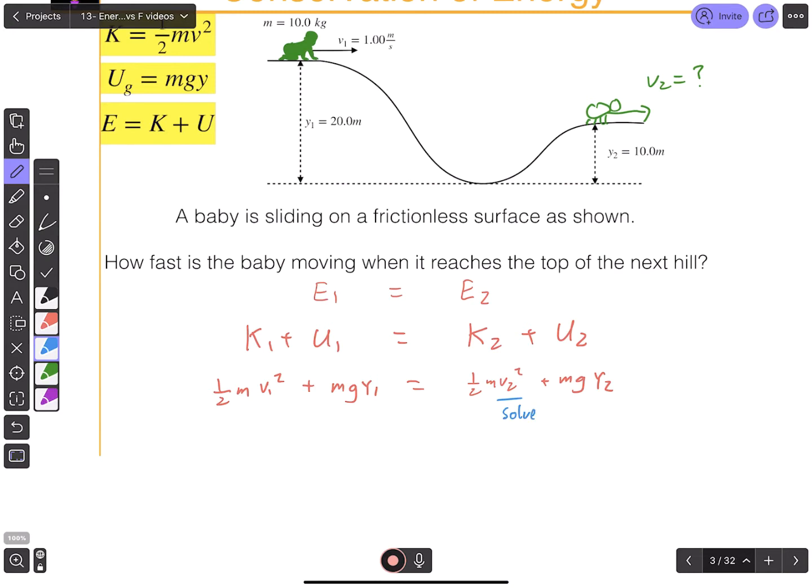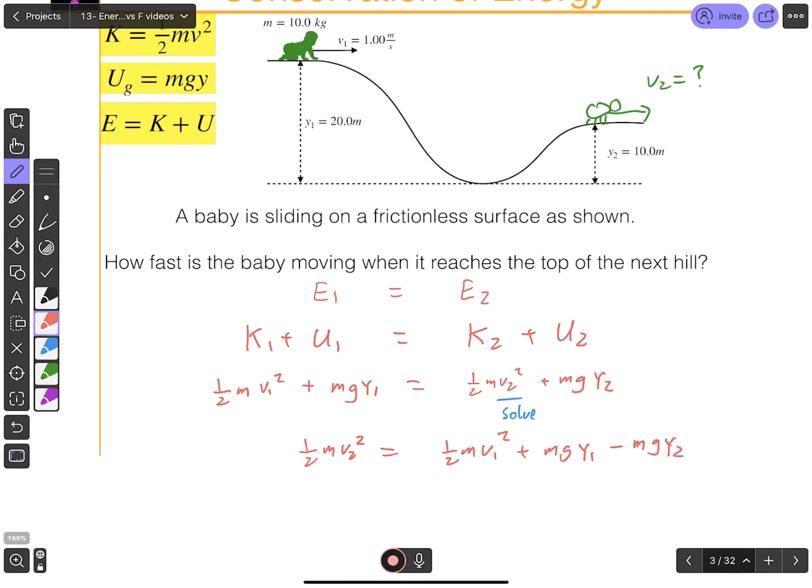I'm going to flip the equation around a little bit. Here's the 1/2 mv2 squared from the right hand side, and here's 1/2 mv1 squared plus mg y1, and from the other side, mg y2.